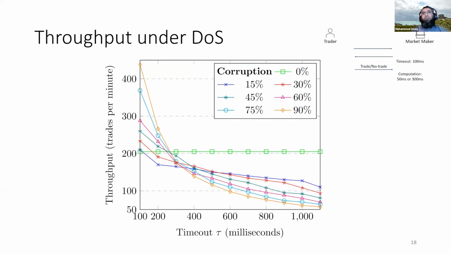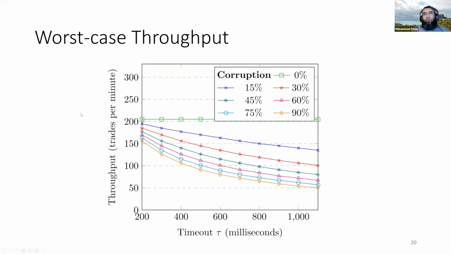There is actually a better attack. So now we have a very determined adversary who wants to pay to slow the system down. So what this adversary does is that it does not go away after the first round.